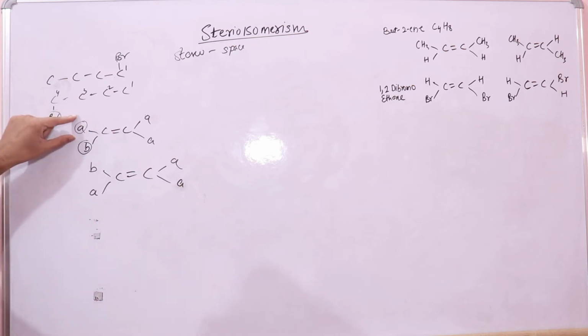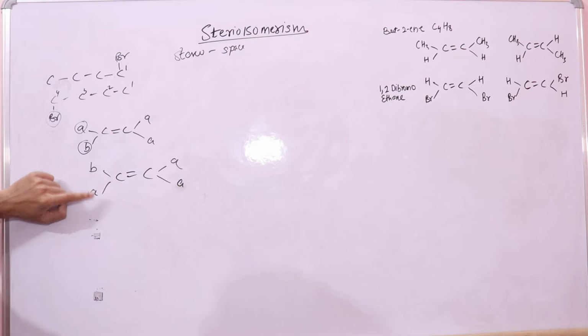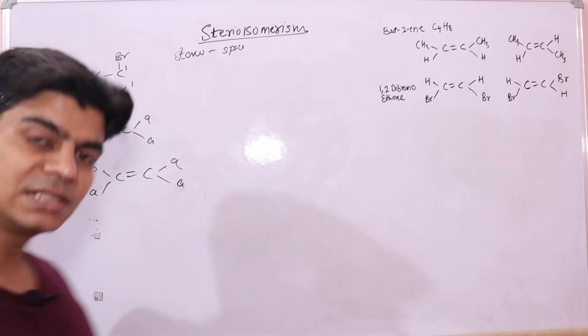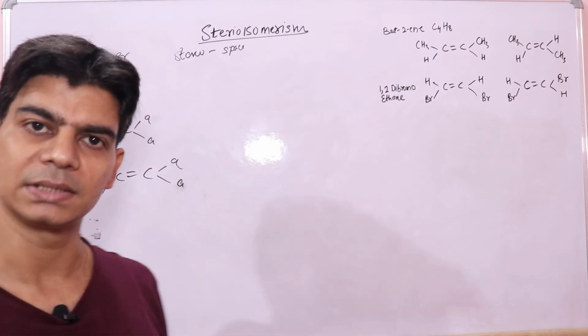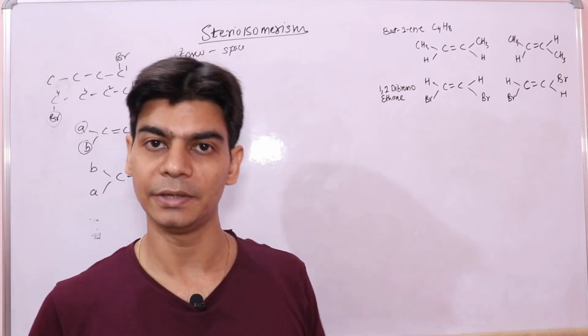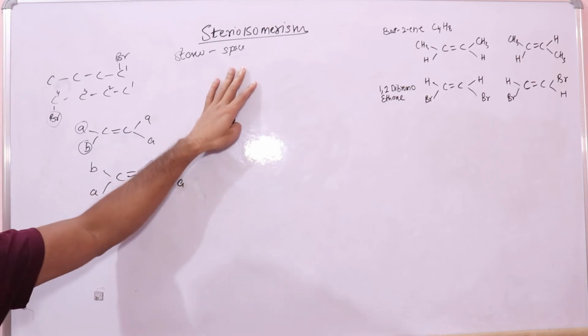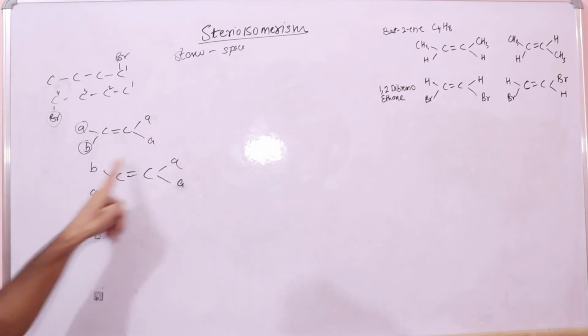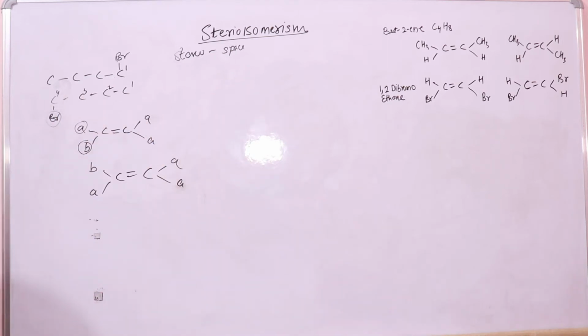You can see here A is connected above and here A is below. So their arrangement in space is different. The arrangement of atoms or groups in space differs in the case of stereoisomerism, and this one particular arrangement of atoms is called a configuration. So in stereoisomerism you have different configurations and each configuration gives rise to a particular isomer.